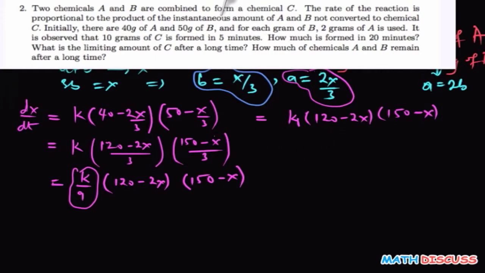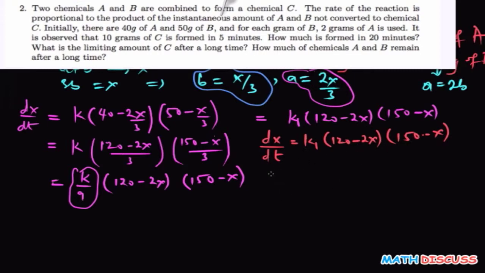So to write the differential equation, what we have is dx dt equals k1 into 120 minus 2x into 150 minus x. So how do we solve this differential equation? You observe that we could separate all the x's and all the t's on each side.